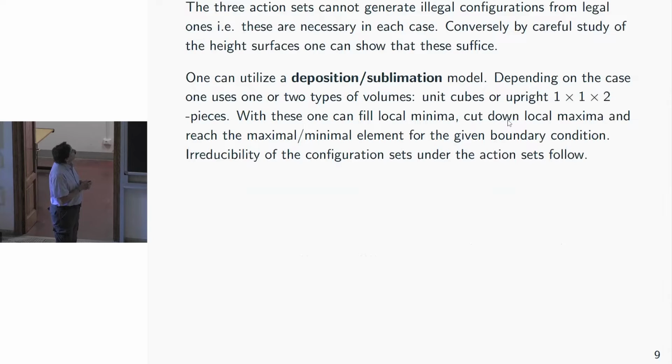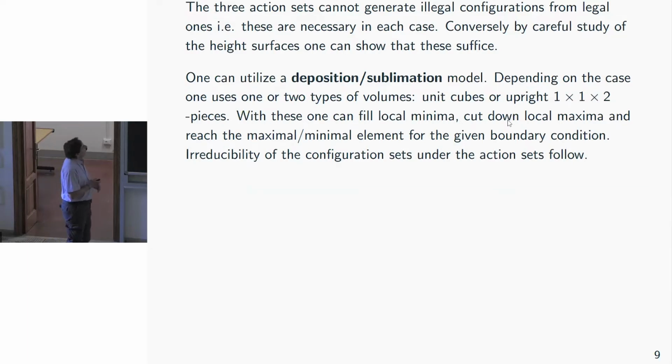Okay, so this set, it's easy to see that it doesn't generate, there are 2 new sets, the 15 vertex model and the 19 vertex model cases. It's easy to see that they don't generate any illegal configurations. What's a little bit trickier is to show that you actually capture the entire legal configuration set.